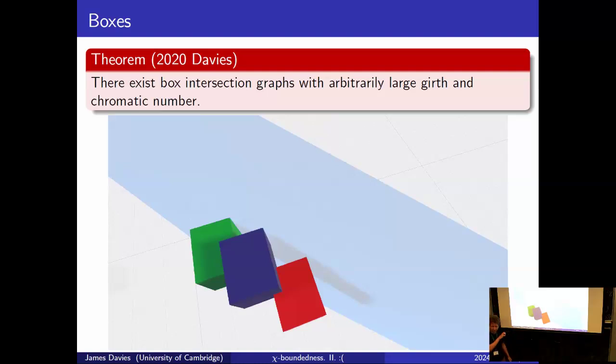And actually, we don't want to apply this in free space. We want to apply this on a real line. So we're going to look at this hyperplane from above, and look at where these boxes lie on the hyperplane. So we're applying Gallai's theorem in a one-dimensional case on the real line.